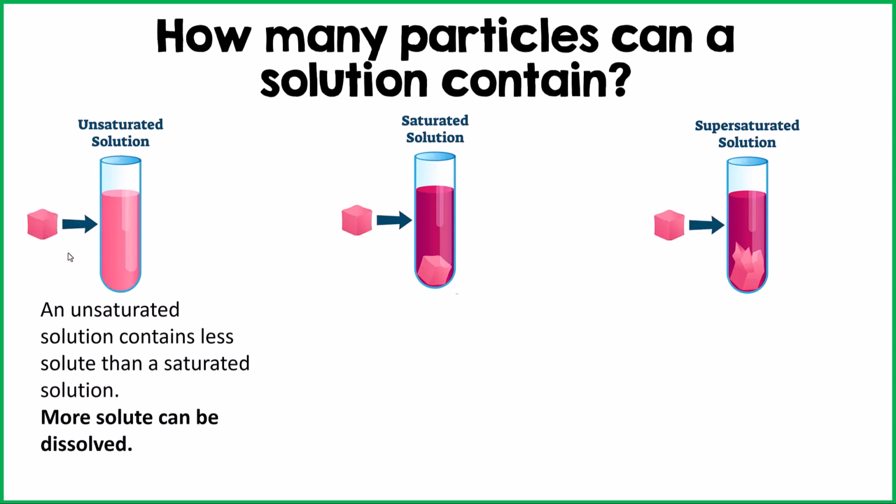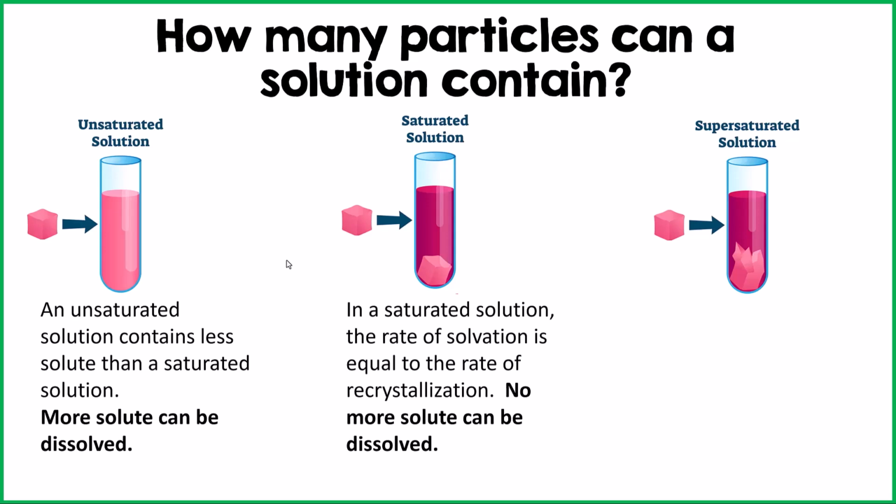And this unsaturated solution has less solute than it actually is physically able to contain. So more solute would be able to be dissolved in this unsaturated solution because it still has a lot of solvent particles that have not surrounded solute. And so they're able to be accessed, and therefore we could add more solute to this solution.